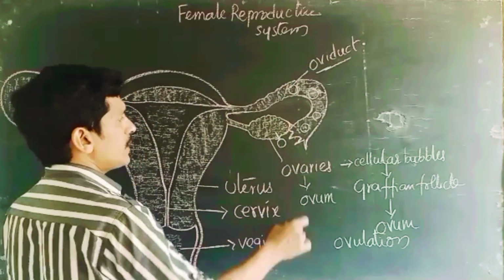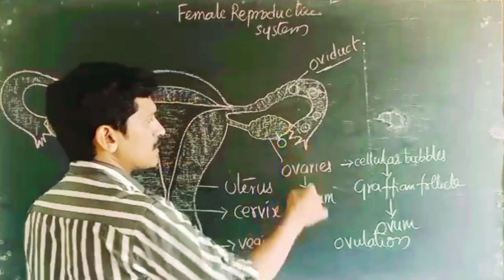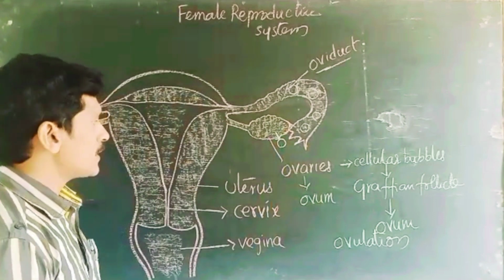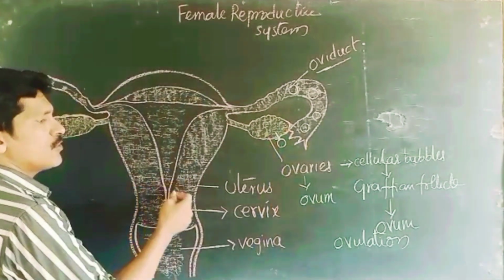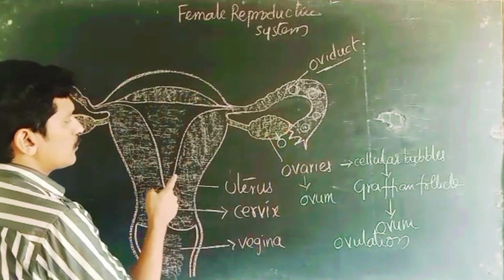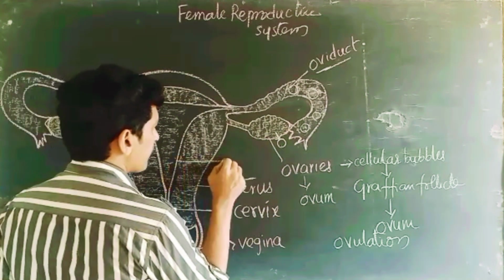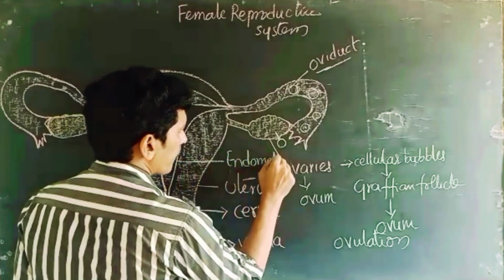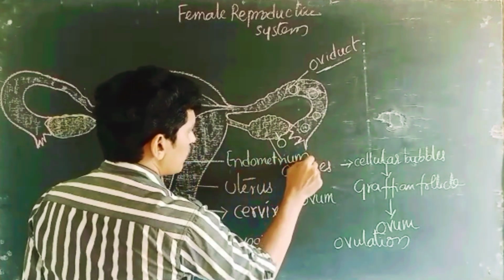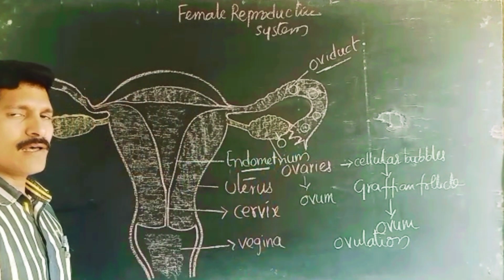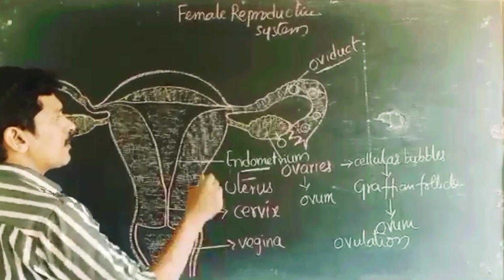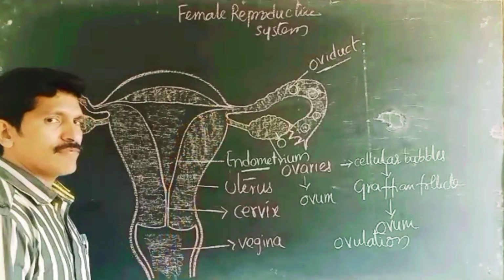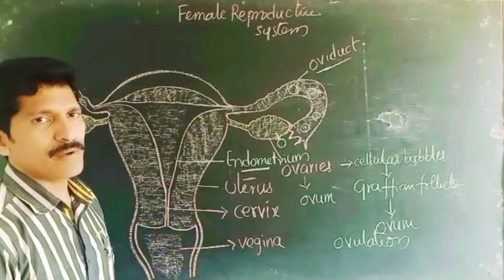After ovulation, you can observe the structures of the uterus. The inner wall of the uterus is called the endometrium. The endometrium forms a cushion-like structure by the formation of a number of layers of blood.